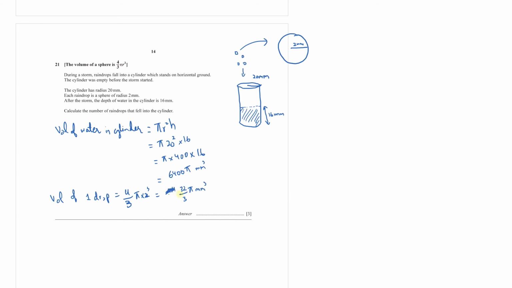So how many raindrops do we need to get to this volume? We divide the total volume by the volume of one raindrop to get the number of raindrops. So the number of raindrops would be equal to the total volume, which is 6400 pi, divided by the volume of one raindrop, which is 32 by 3 pi.